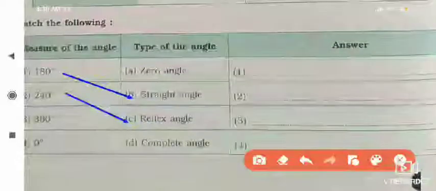If the measure of the angle is 240 degrees, that is more than 180 degrees and less than 360 degrees, then this angle is called a reflex angle. As you know, 360 is a complete angle, and the last remaining, 0 degree, is the zero angle.